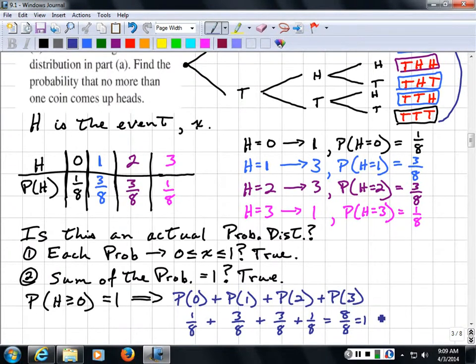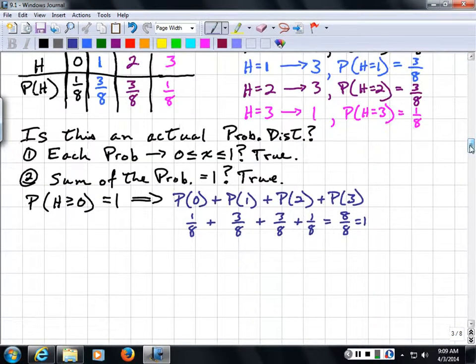So let's talk about drawing the histogram. The histogram is going to be fairly simple to draw. Go ahead and set up a first quadrant on your paper, or whatever you're doing. And then you're going to take each probability and list it.